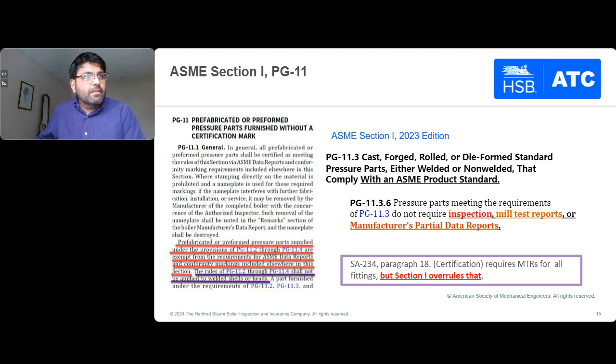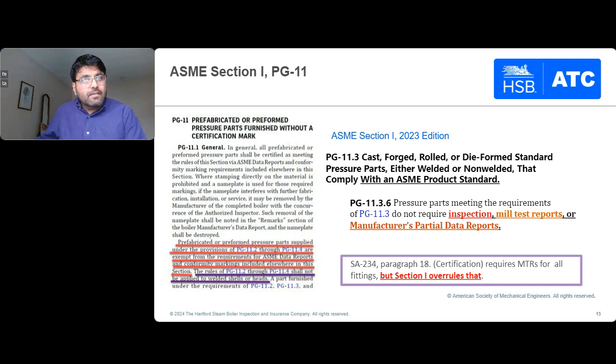So within PG11, there are paragraphs that talk about components that are made to an ASME standard and then non-ASME standard. So PG11.3 is where ASME standard pressure parts are addressed. If you look at the subparagraph PG11.3.6, it tells you that inspection, MTRs, manufacturer's partial data reports are not required for these components.